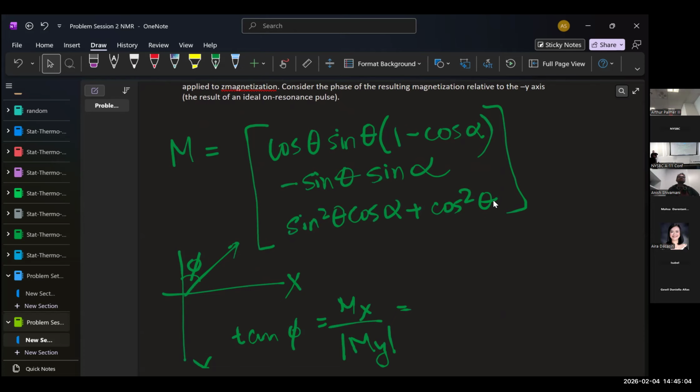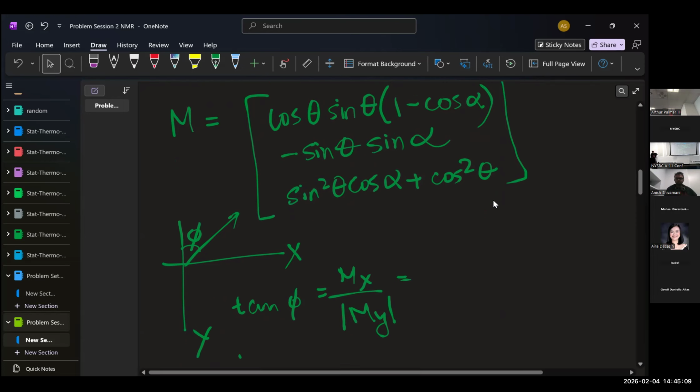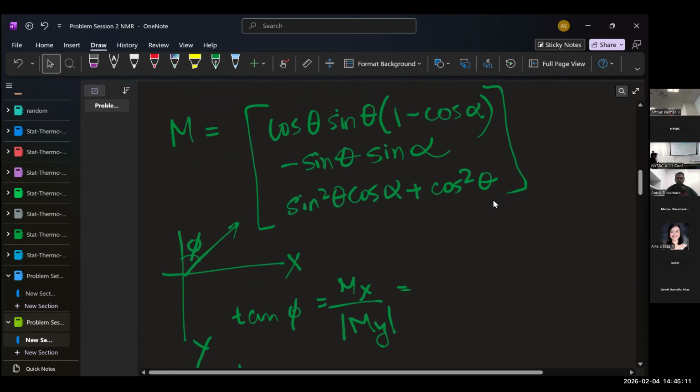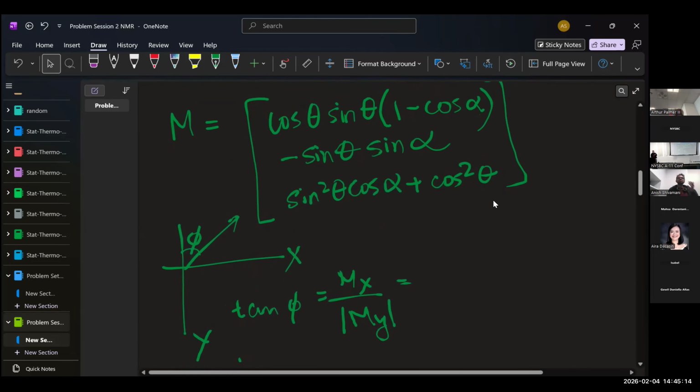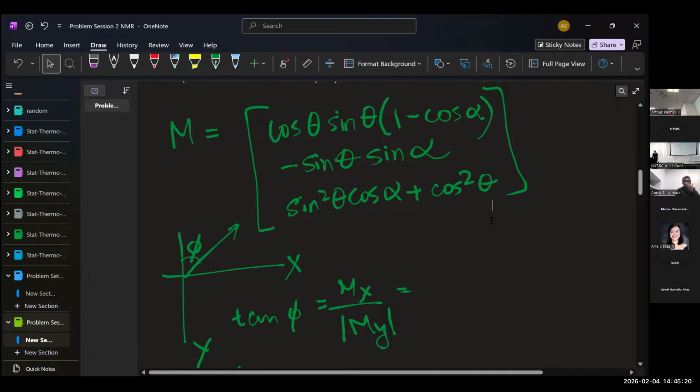So if we're a little off resonance, theta is just a little smaller than 90 degrees. When the problem says we want to look close to resonance, we need theta to be a little smaller than 90. And alpha, right? On resonance, if we have a pi over 2 pulse, off resonance, alpha would be greater than pi over 2. But we're saying it's not very much greater. We're going to be close to resonance.